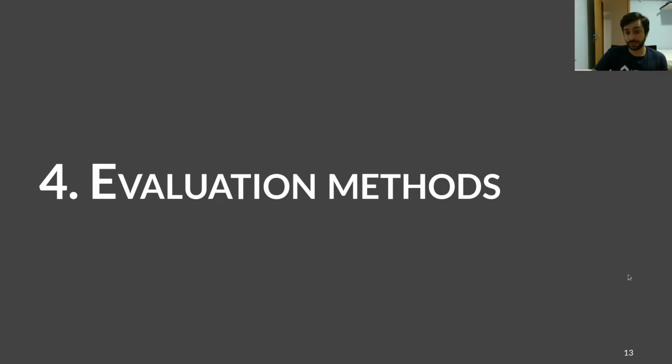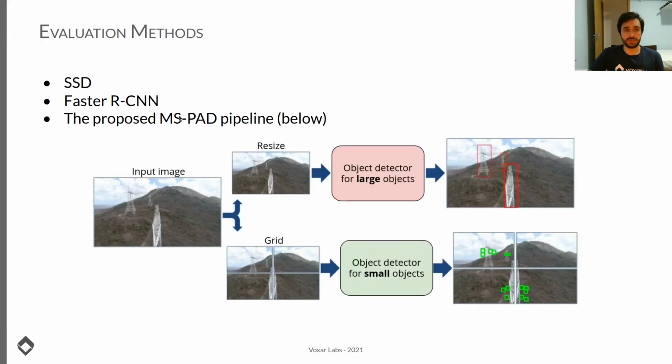For the evaluation methods, we used two methods highly recommended by the literature for this application domain specifically, which were the SSD method and the Faster R-CNN method. These two object detectors were highly recommended by the works that deal with power line asset detection.